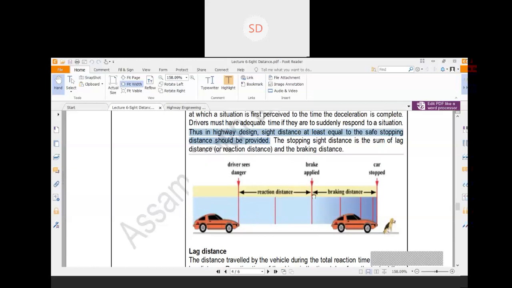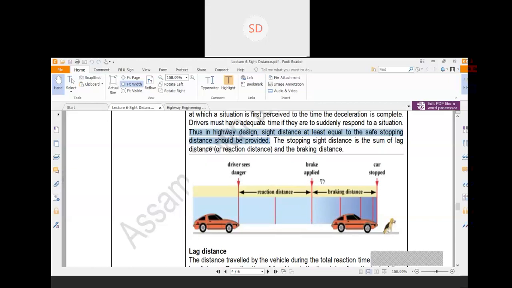Suppose after the ending of the reaction time, you apply the brake, having analyzed the situation during the reaction time and decided to apply the brake. So after the application of the brake, what will happen? The vehicle will start to lose its speed and decelerate, and after a certain distance, it will stop.